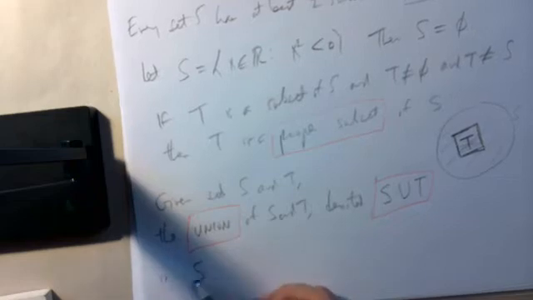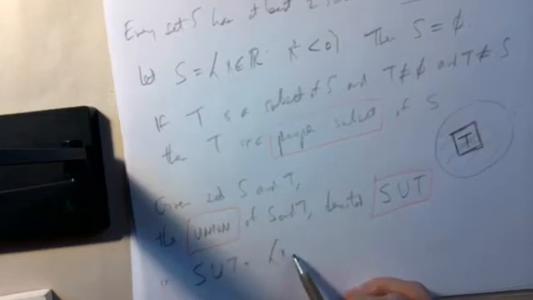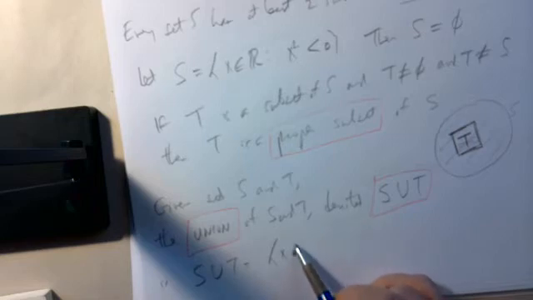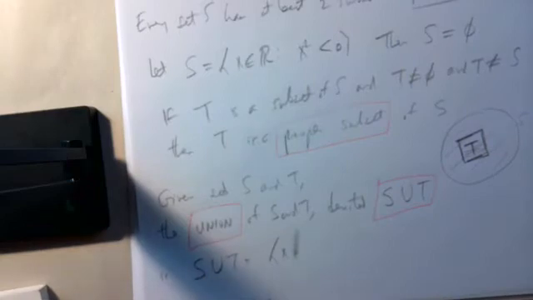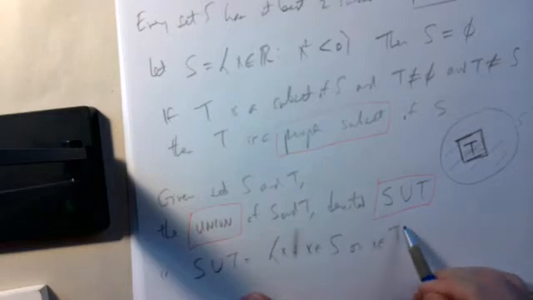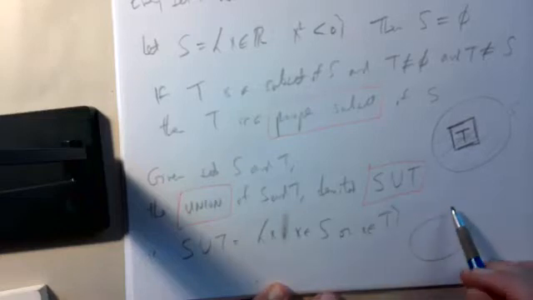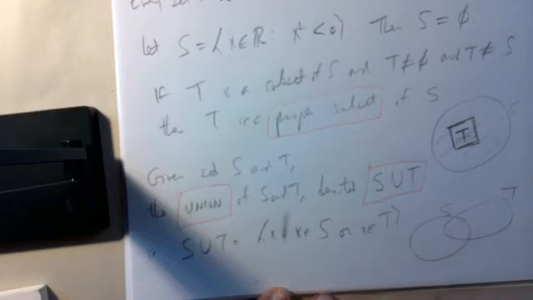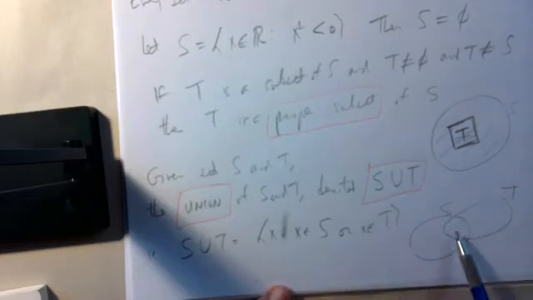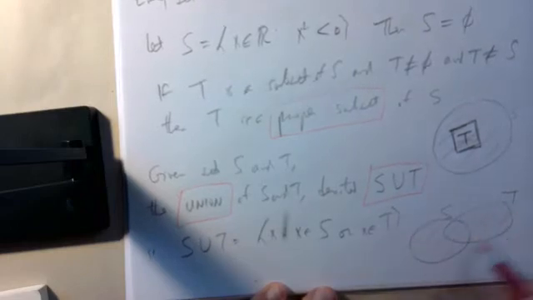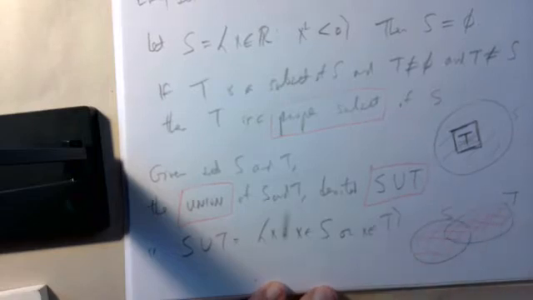It is the set S union T. It's all elements X such that X is in S or X is in T. So if you have a picture, here's a set S and here's a set T, the elements that are in S or T or both is this.